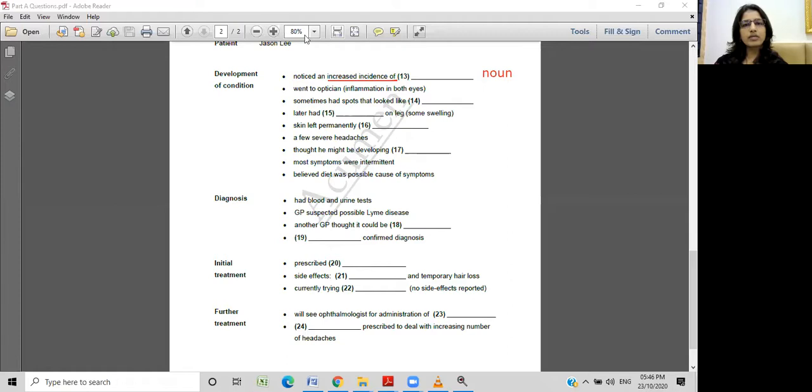Then the second one says went to optician, inflammation in both eyes. So this, you don't need to write anything here. Sometimes had spots that looked like. Here, what kind of word am I looking for, 14th one? Spots that looked like. Looked like.